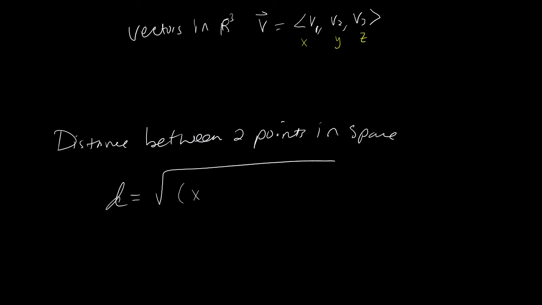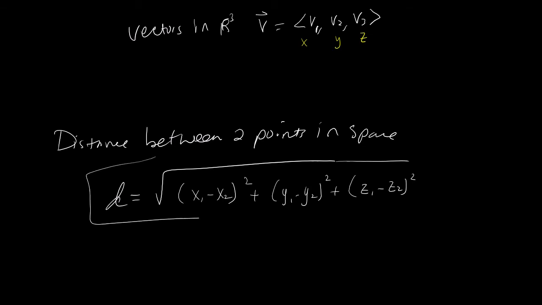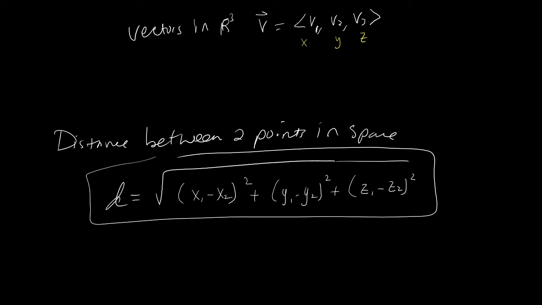So we've got (x1 minus x2) squared plus (y1 minus y2) squared plus (z1 minus z2) squared. And I didn't write it down, but that's given 2 points, x1, y1, z1, and x2, y2, z2. So that's how we find the distance between any 2 points. That's also going to give us the magnitude of a vector beginning at point P and ending at point Q.